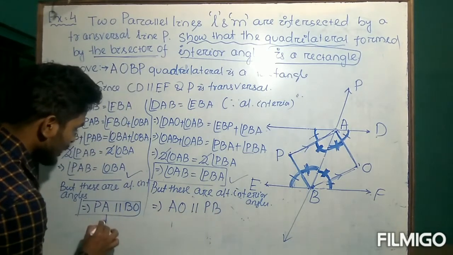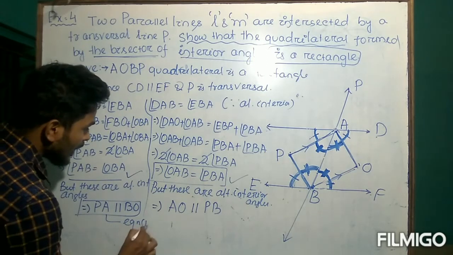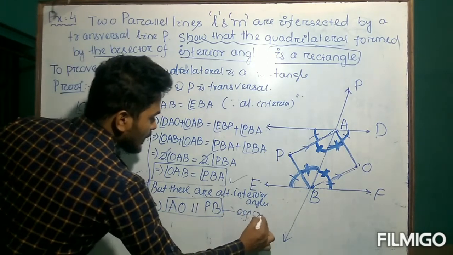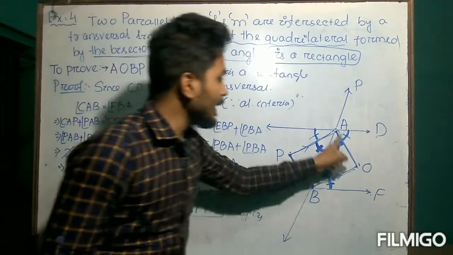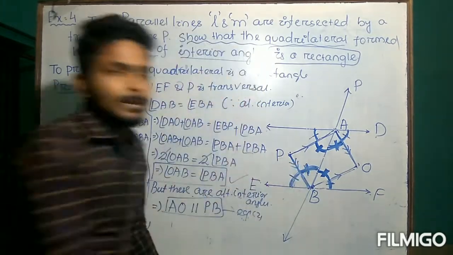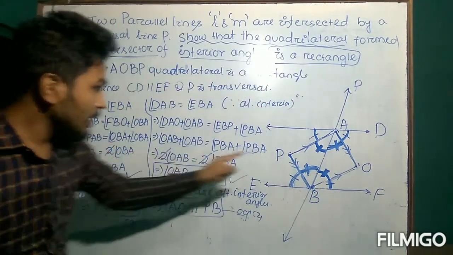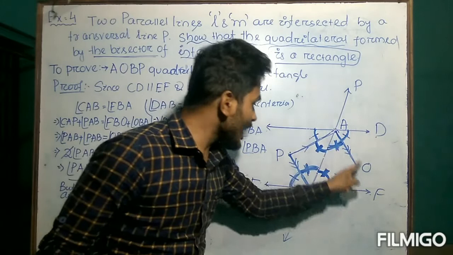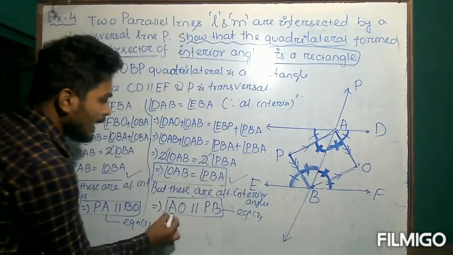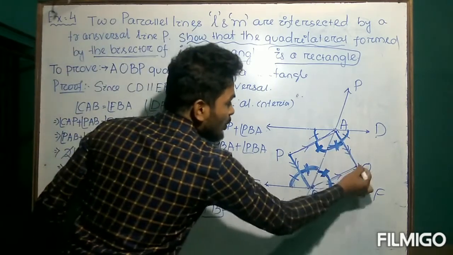Let's say this is equation 1, and now we have proved this one, equation 2: AO is parallel to PB. This is parallel to this. Now just see the quadrilateral AOBP. In AOBP we have proved AO is parallel to PB.